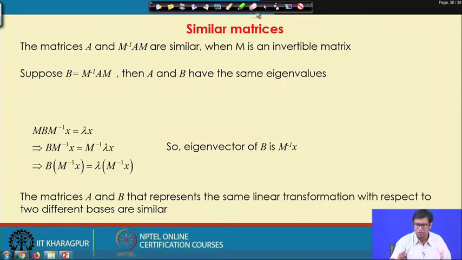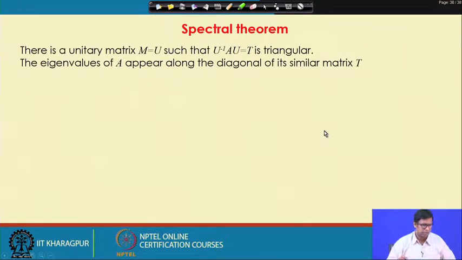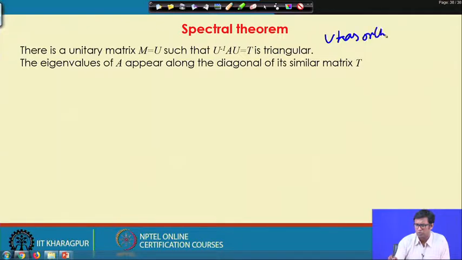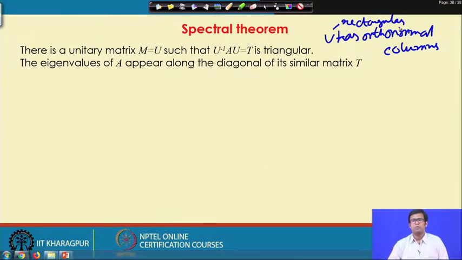However, a more important example of this property is that, say, there is a unitary matrix M is equal to U. And what is a unitary matrix? U has orthonormal columns.